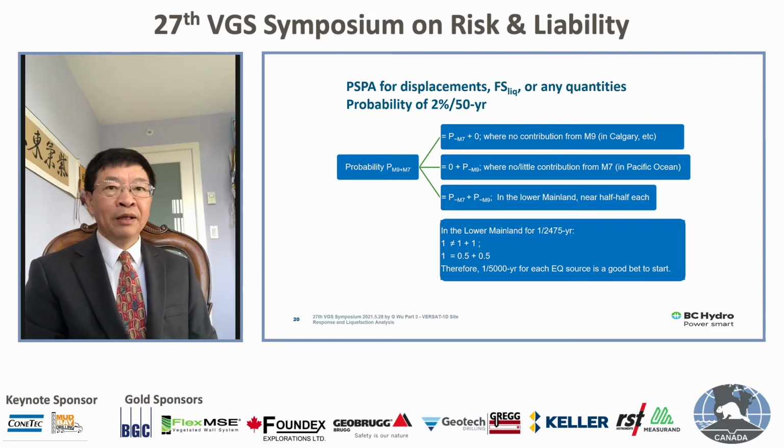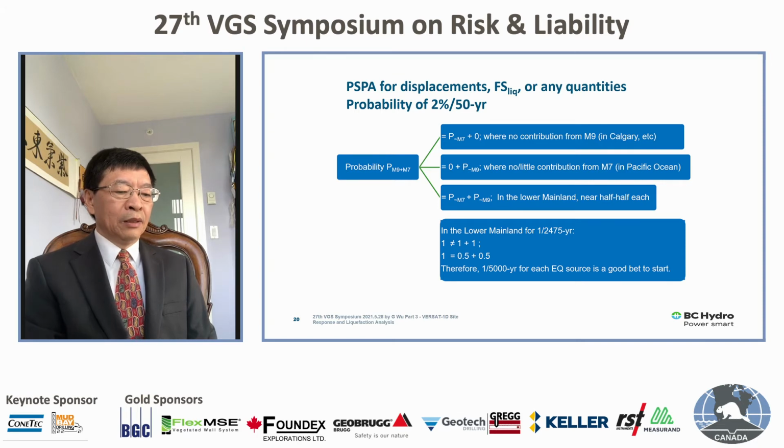So in summary, the bottom square shows that in the Lower Mainland, 1 is not equal to 1 plus 1, meaning you cannot use the individual probability for 2475 and replace the combined one. Instead, you have to use 1 equal to 0.5 from the non-interface plus 0.5 from the interface M9 event.